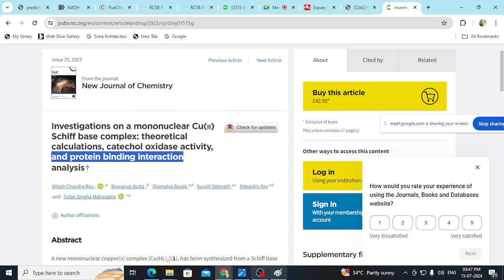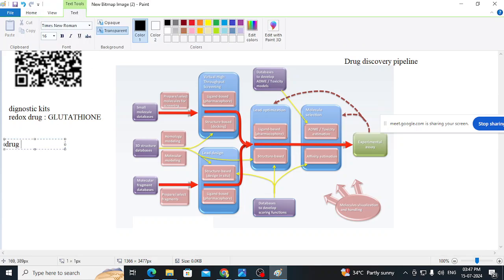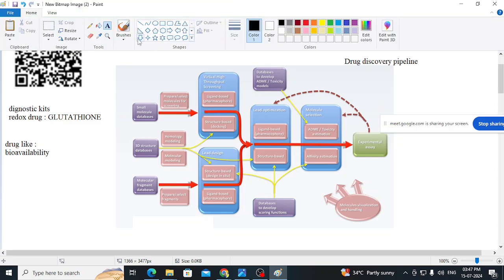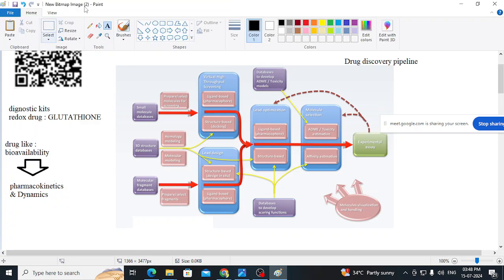As we have already discussed, if something is drug like, it should have sufficient bioavailability. Some of you would already have some idea about it. Then subsequently you will go for a study called pharmacokinetics and pharmacodynamics. These kinds of studies will give us an idea of how the metabolism of the drug will be in the body and how it will be excreted.